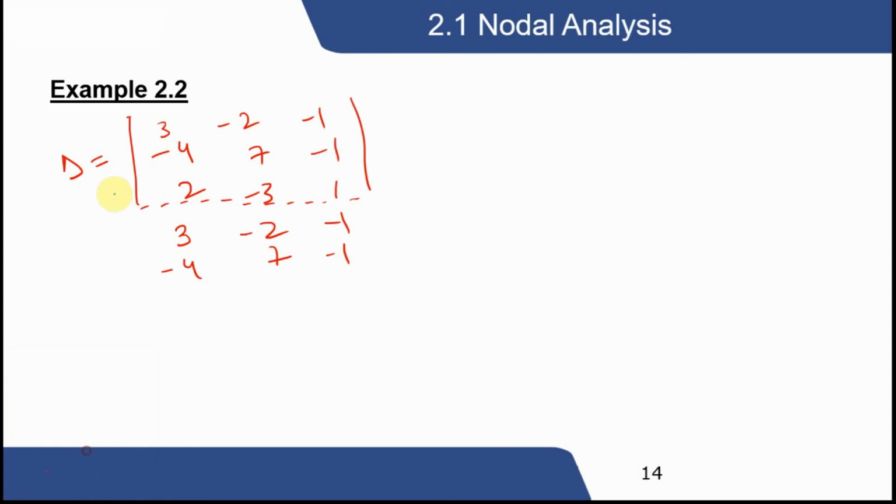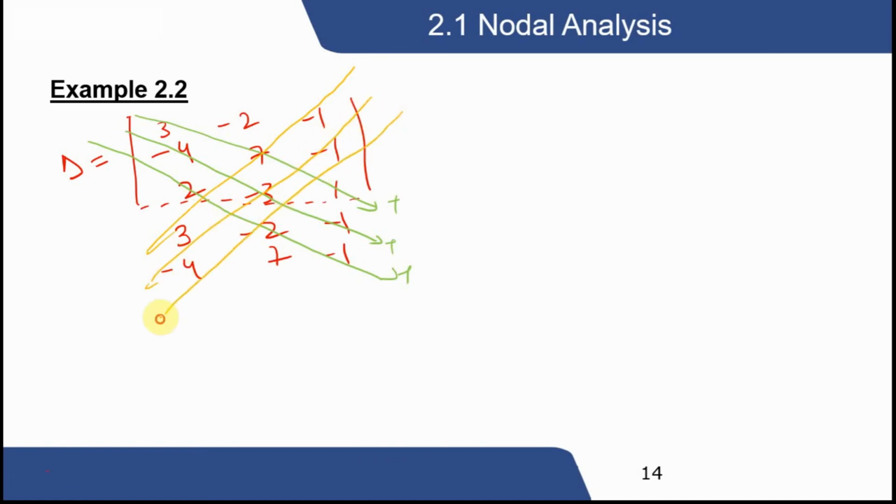Let's change the color. We multiply along these diagonals, and we multiply them with a plus sign.